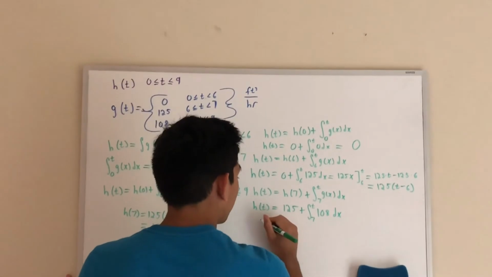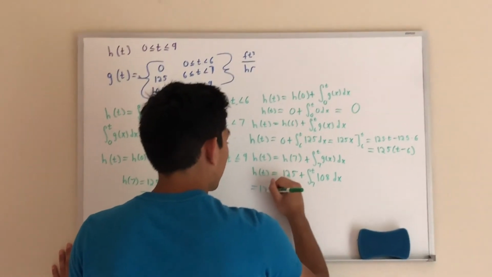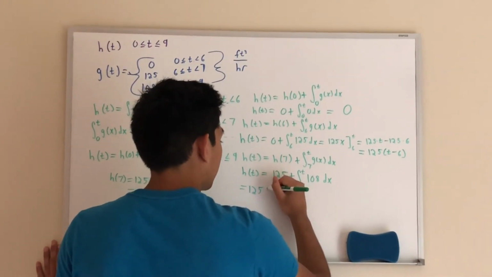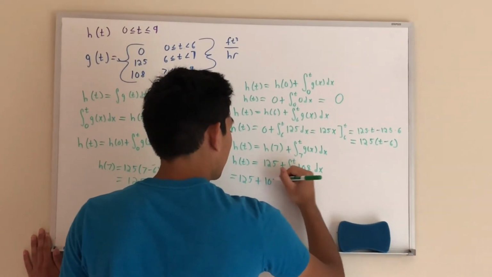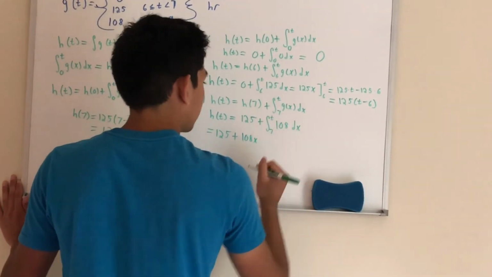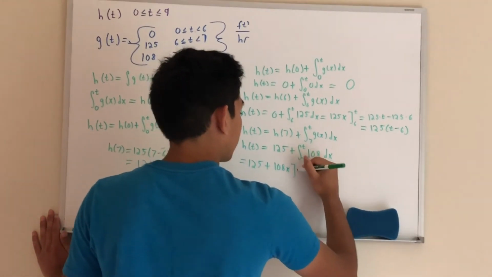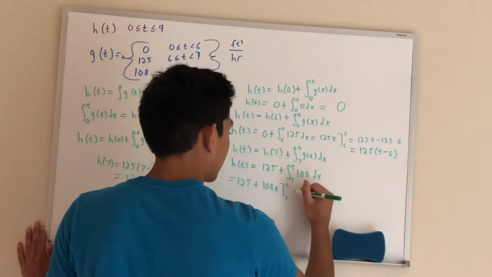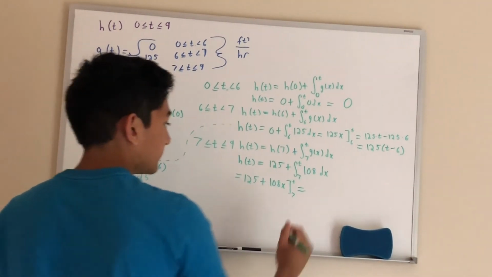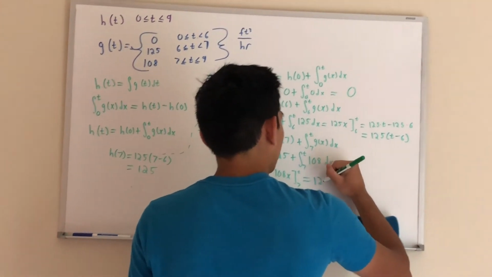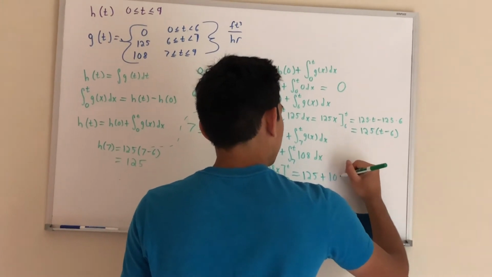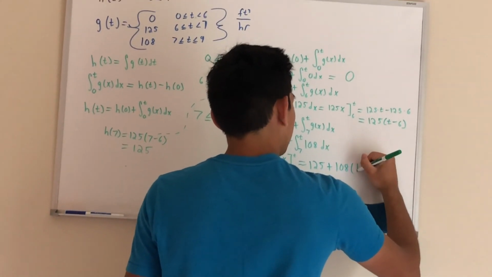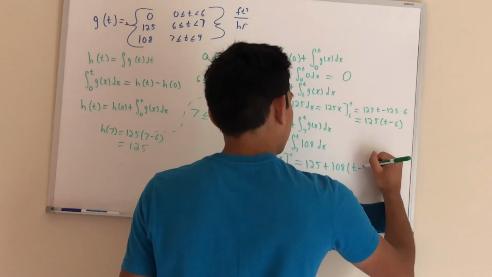And then we can solve for that, so that will equal 125 plus 108x from 7 to t using the first fundamental theorem of calculus. So that's 125 plus 108 times (t minus 7).